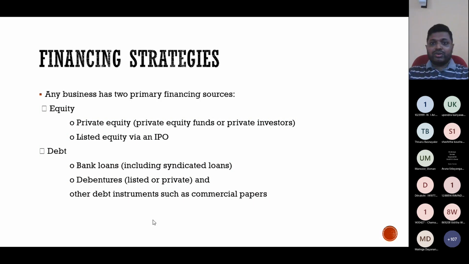Now you have to think about whether this is a suitable time to go for an IPO, right? Because in the market condition, if you look at the All Share Price Index at the moment, it is below 8,000. 6 months back, it was about 13,000. Now it has fallen by 5,000 points, from 13,000 to below 8,000.